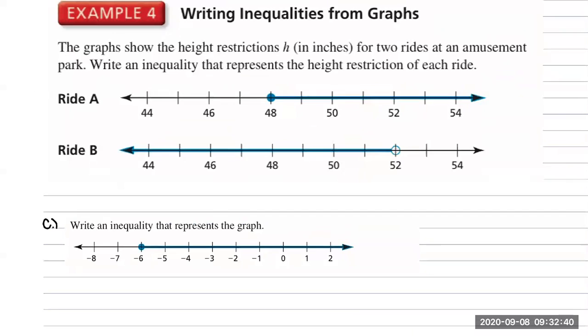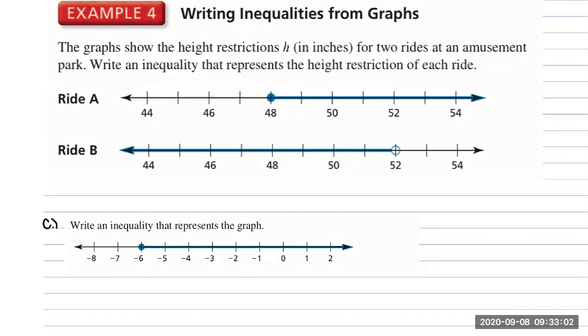In example 4, we see different graphs that are graphed for us, and we're coming up with the inequality that represents that graph. If we look here, it says the graphs show the height restrictions h in inches for 2 rides at an amusement park. Write an inequality that represents the height restriction of each ride.